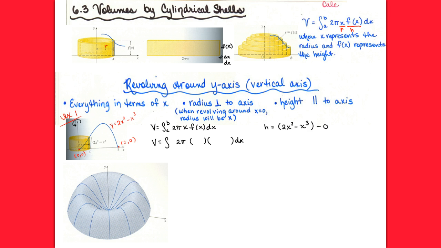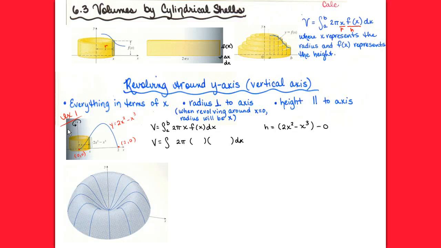Here's the deal. Let's say that you take what we've got here in example number 1. They asked me, take the region y is equal to 2x squared minus x cubed, and y is equal to 0, which is, of course, the x-axis. So that would be this region right here. And they asked me to revolve it around the y-axis and find the volume of that resulting figure.